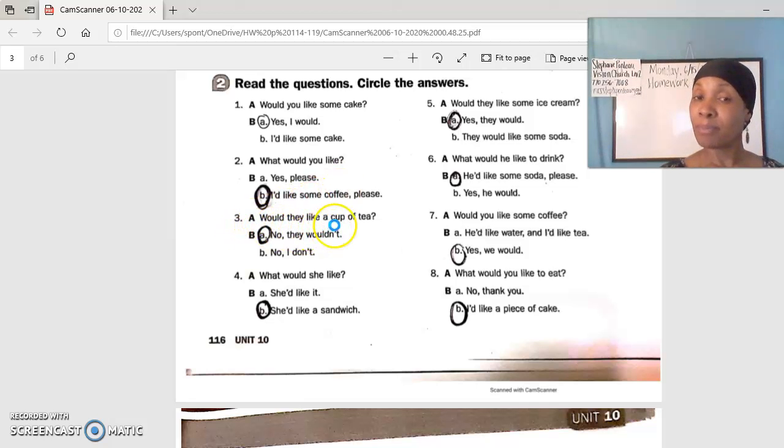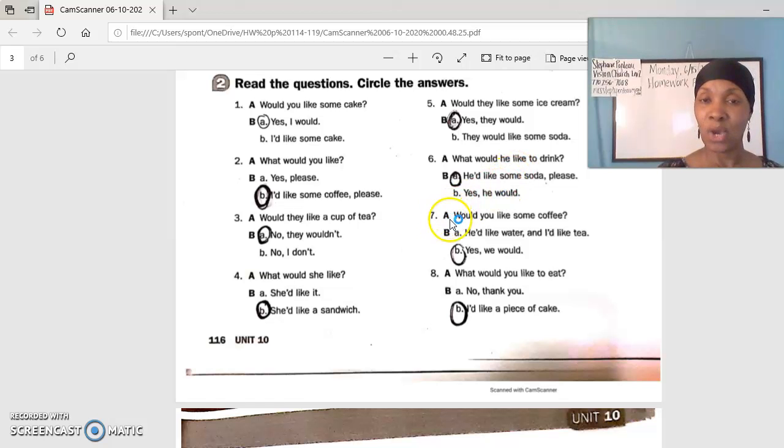Would they like a cup of tea? Now here, you can just say yes or no. No, they wouldn't. Number 4, what would she like? She'd like a sandwich. Number 5, would they like some ice cream? Yes, they would. What would he like to drink? He'd like some soda, please.